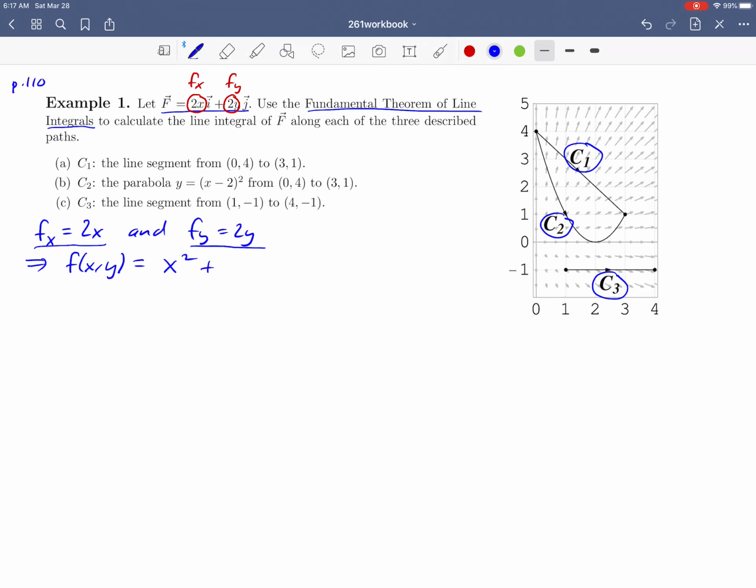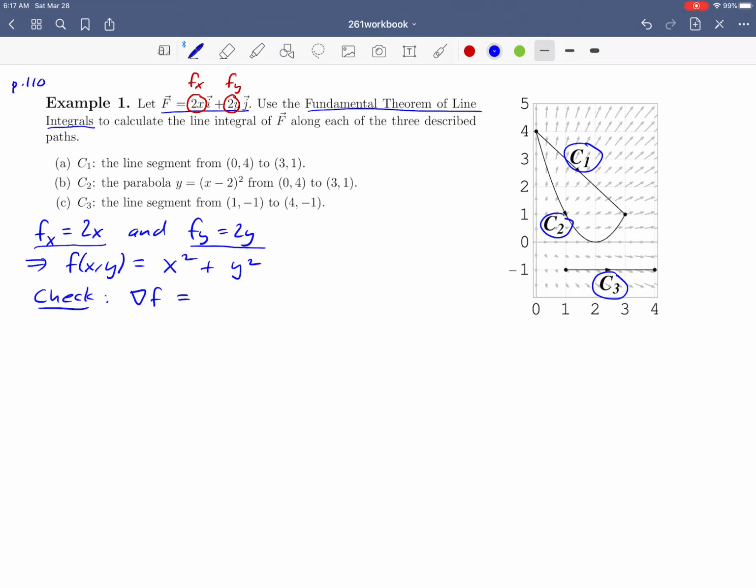That means we're going to need an x squared, because if we take the derivative of x squared, we get 2x. And to get a partial derivative with respect to y of 2y, we need a y squared. Take the derivative of y squared, you're going to get the 2y. So it seems reasonable that x squared plus y squared might be a potential function.